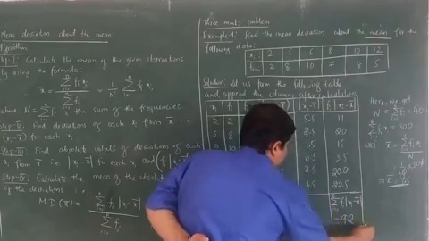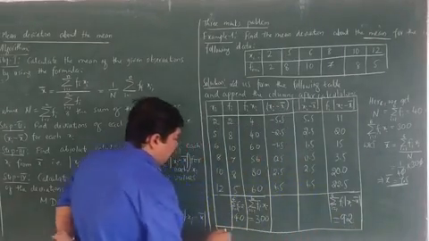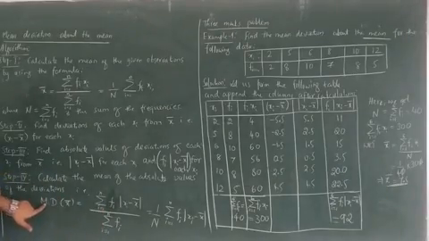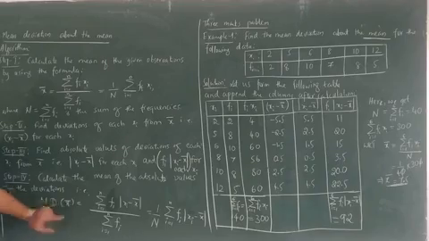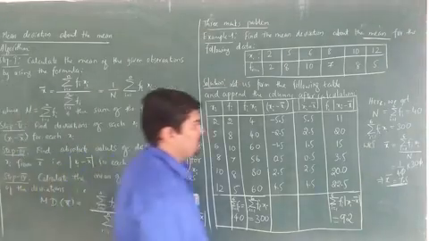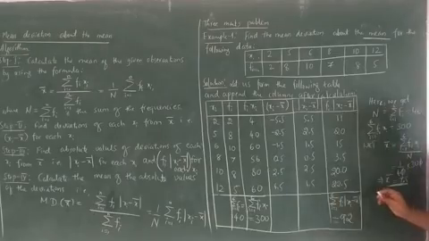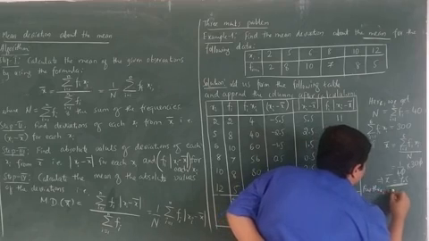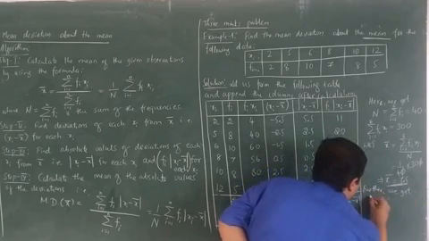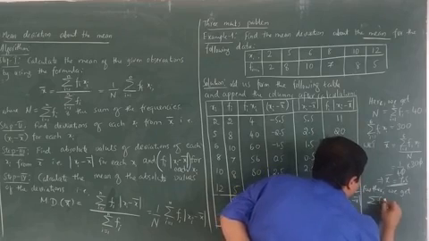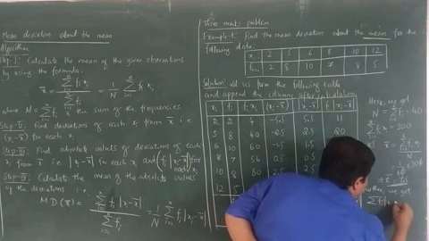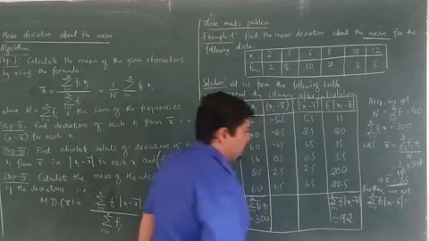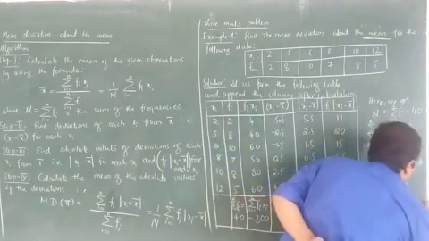Now at the last step with respect to the given algorithm, your task is to calculate the mean deviation about the mean utilizing this formula. The summation of fi modulus of xi minus x bar, where i is running from 1 to 6, is exactly equal to 92 that we have got.